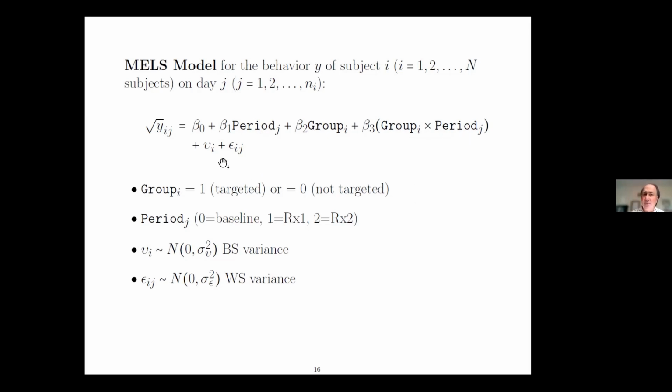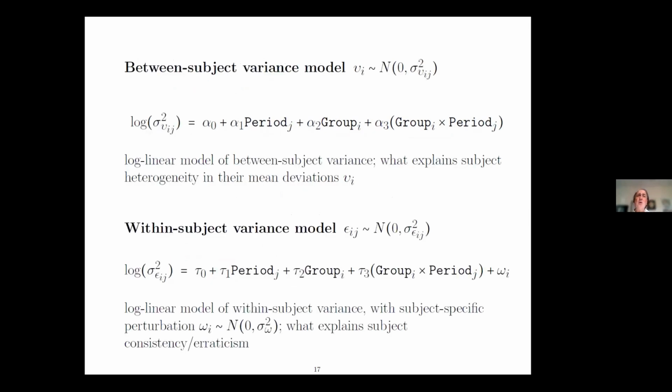Again, I'll just have a random subject intercept and then a residual term. And then I'll model those in terms of the same covariates. Okay, so with the between subject variance model, what I'm addressing is what might explain the subject homogeneity or heterogeneity in their means across group, across time, and then group by time.